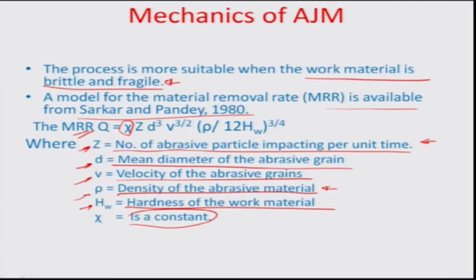So, basically you can think of the MRR or the material removal rate to be proportional to the cube of the diameter, proportional again to the 1.5 power of the velocity of the impacting grain, and also proportional to the number of abrasive particles impacting per unit time. So, intuitively it makes sense why we should go in this manner to generate the MRR.